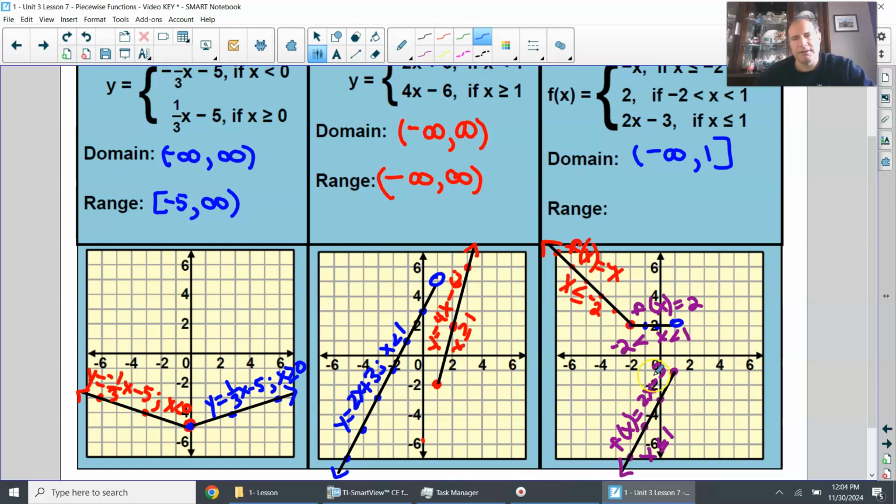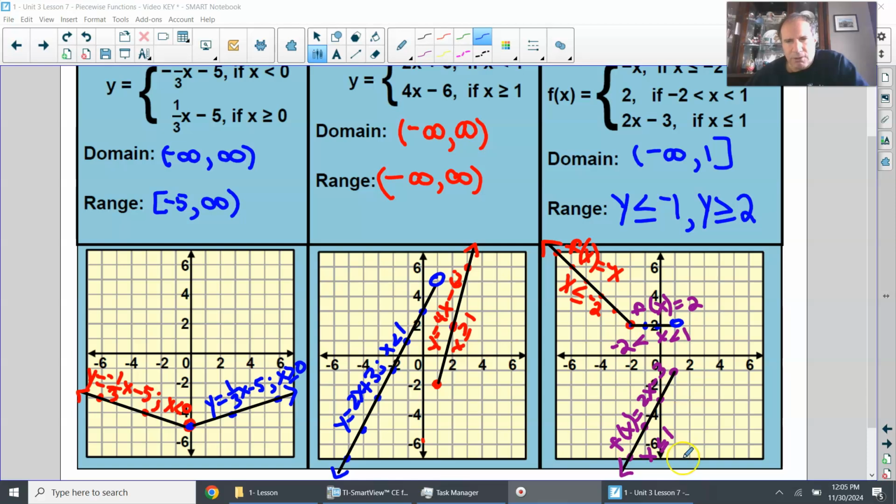See how it stops at -1, and actually it includes -1, but it doesn't include 0 or anything in between -1 and almost 2. So I'm just going to write y is less than or equal to 1.